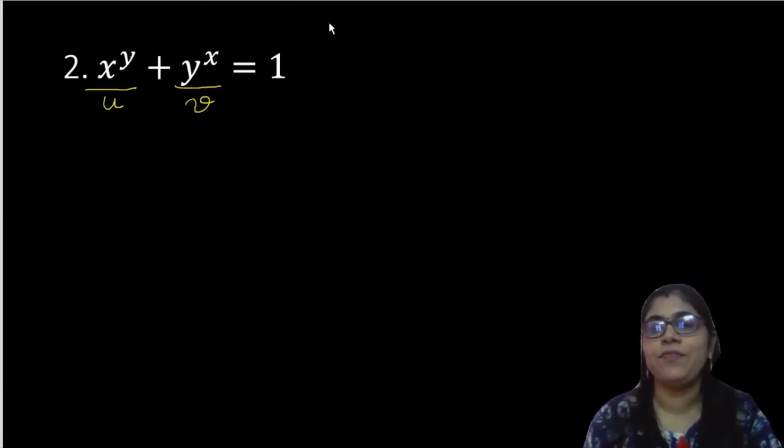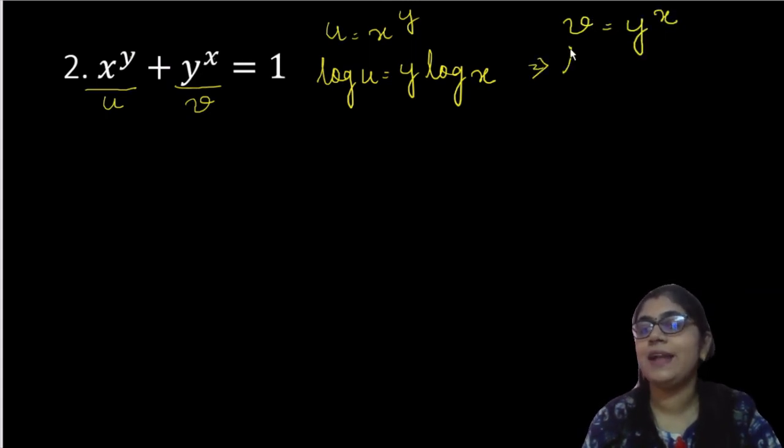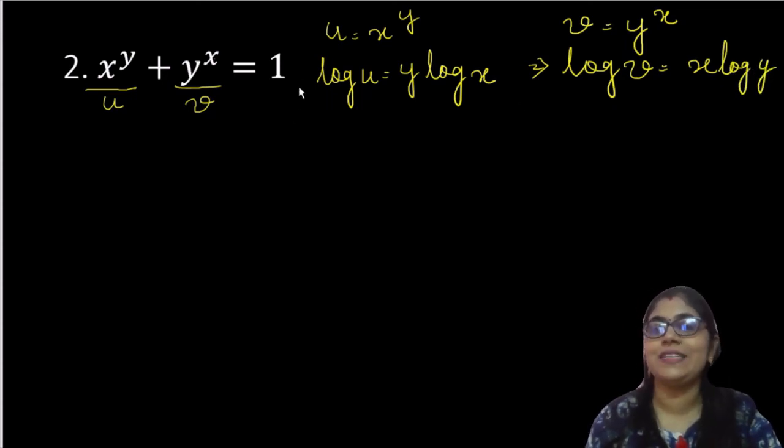So if u is equal to x to the power y, we can say log u equals to y log x. Similarly, v is equal to y to the power x implies that log v equals to x log y. So now let's differentiate this and this.